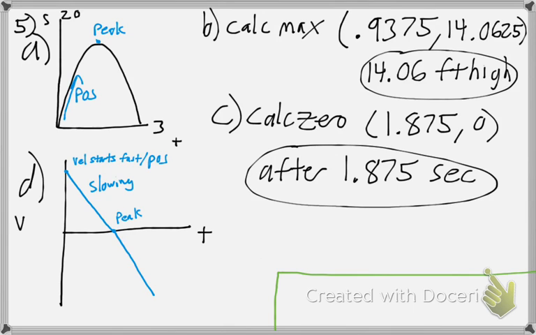So this is where it comes back down. And because it's coming back down, that means the velocity is negative. So that's why it's below the axis, because this is decreasing.